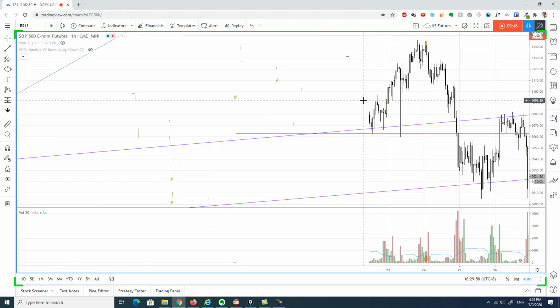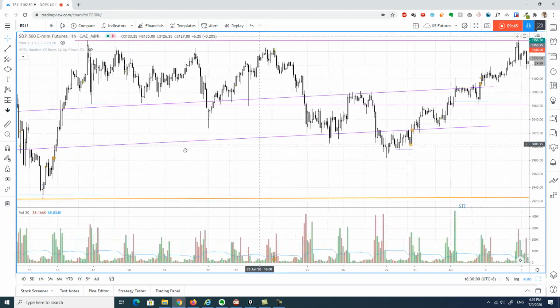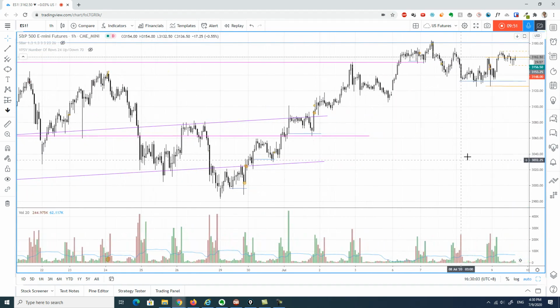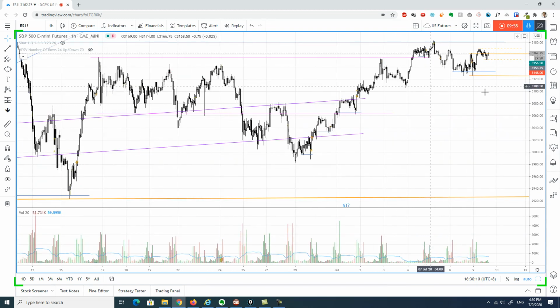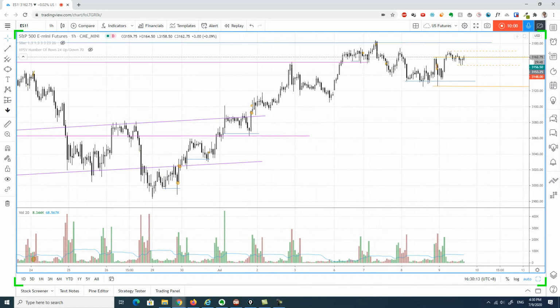So let me get down to the H1 time frame to take a look at what's happening right now. Overall, I think we are still in a bullish trend, because just right after it broke out from this wedge here, we see that it is still on a time to test the immediate resistance level at 3180.